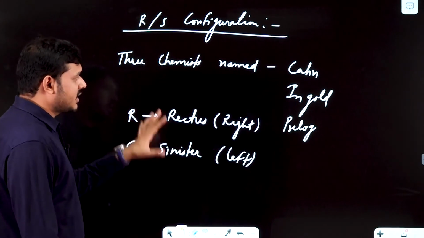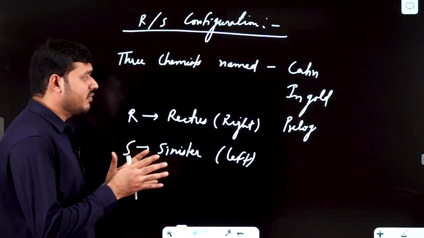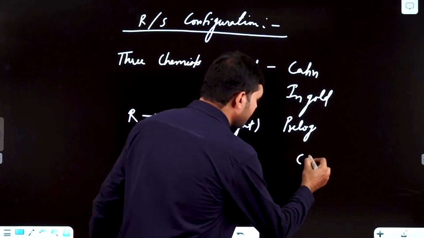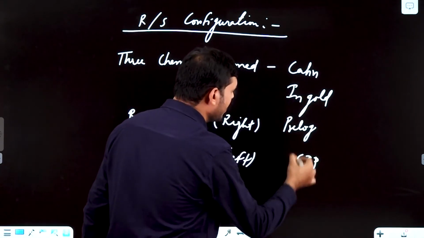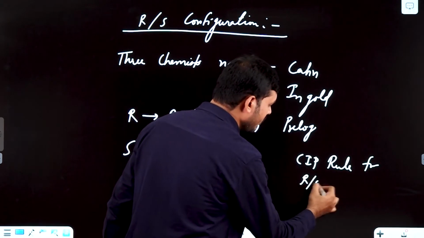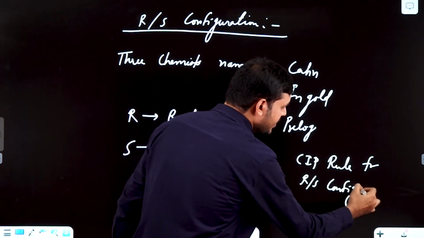A particular rule will govern this, which is called the CIP rule, Kahn, Ingold, Prelog, for RS configuration.